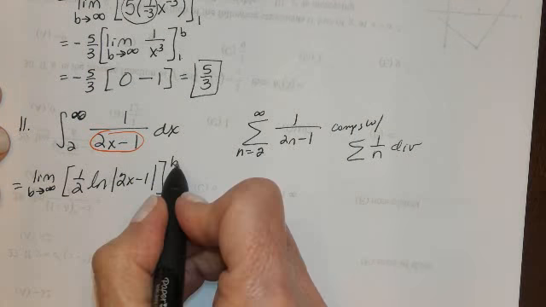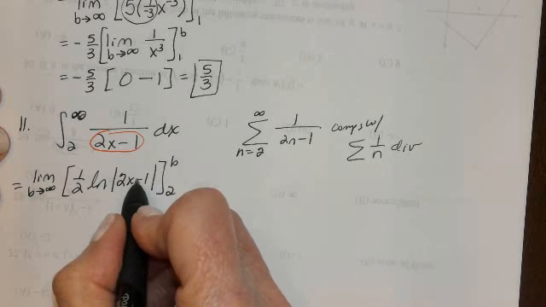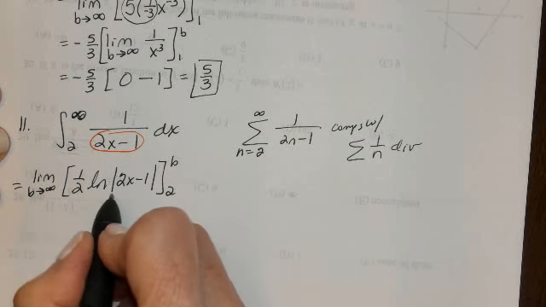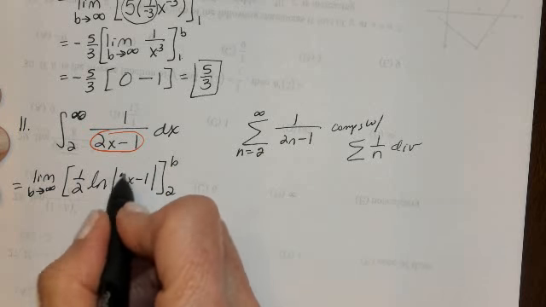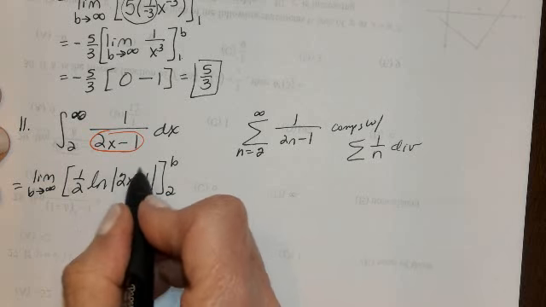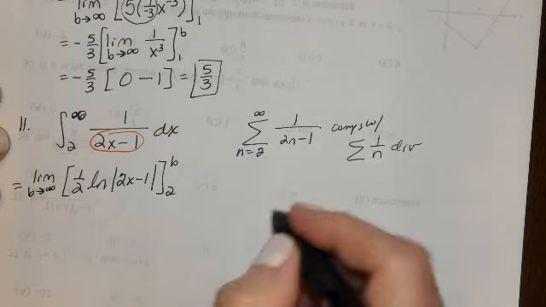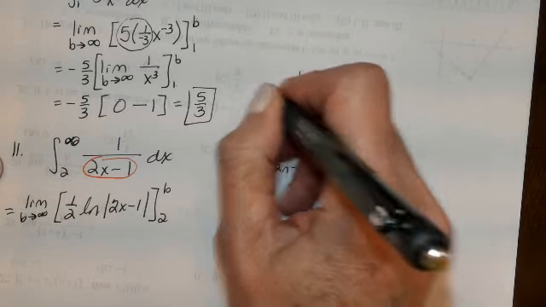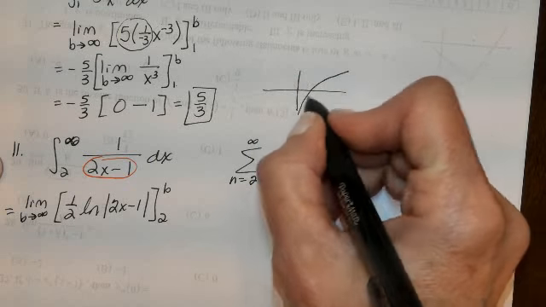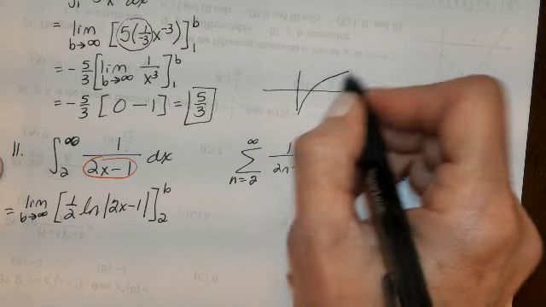Now we're going to begin by putting b in for x and letting b go to infinity. We'll get something going to infinity here, and then the natural log of something going to infinity is infinity because we know what the natural log curve looks like. Yes, it gets to infinity slowly, right?